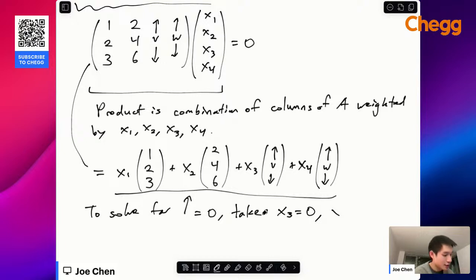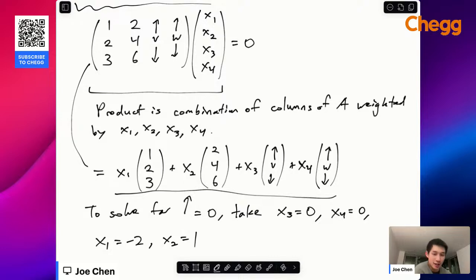Take x3 equals 0, x4 equals 0, and I can always take those to be 0. And then, for example, I can take x1 is minus 2 and x2 equals 1.